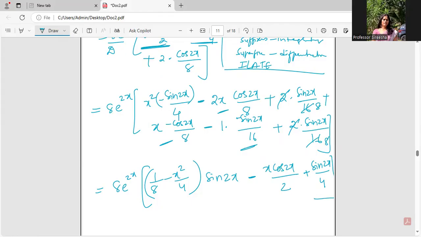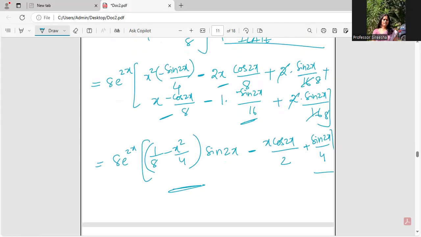So this would be my answer. I can as well remove 8 from the whole term. So e power 2x would be what? 3 minus 2x squared sin 2x minus 4x cos 2x would be my yp.